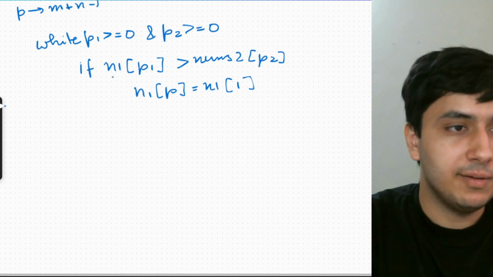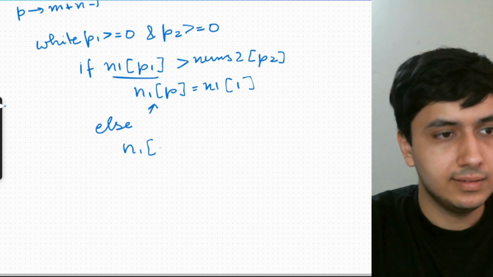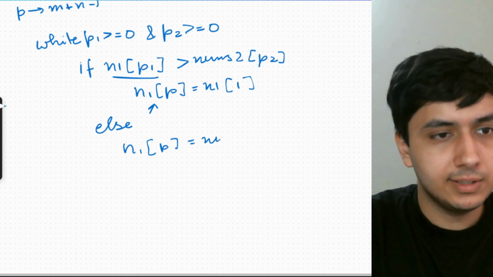So if nums1 is greater, then put it at the end. Else, if it's not, then nums1[p] equals nums2[p2].